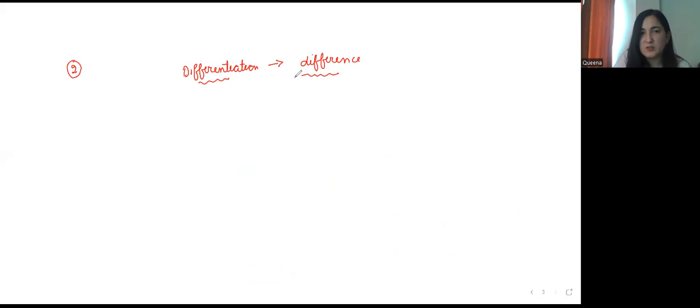Differentiation and difference, these two words are quite similar. And what is the exact connection between these two, we will see now. Differences are also of two types. One is finite difference and the other category is infinitely small difference.